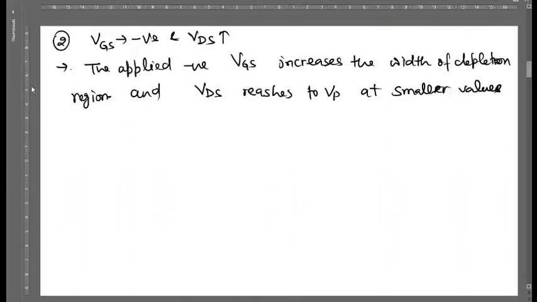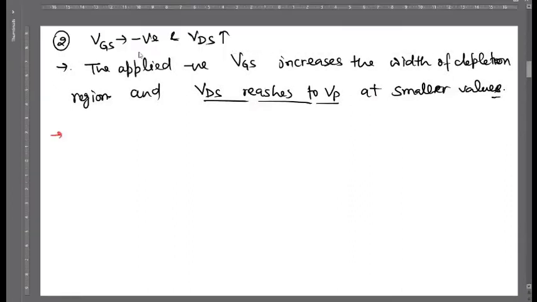Try to understand the meaning of this line. The applied negative VGS increases the width of depletion region, and VDS reaches BP, pinch off, at smaller values. I hope you understood whatever I just want to deliver.